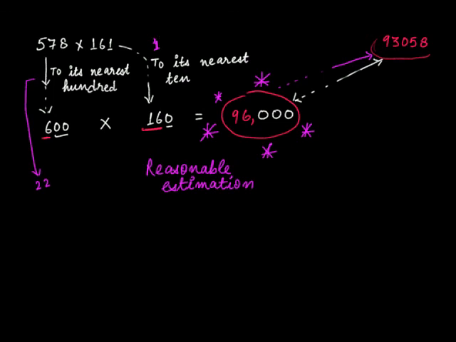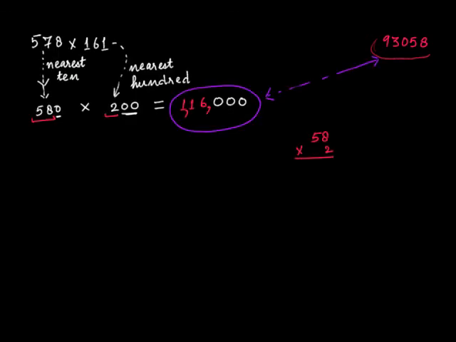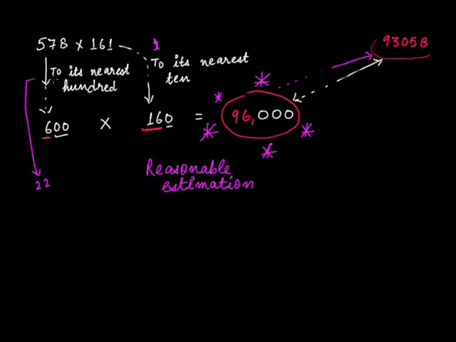Come to this one. Here you have 578 to 580, the difference is 2, and here 161 to 200, the difference is 39, right? Compare these two. Here it was 578, when it became 600 it was 22, and this was only 1.